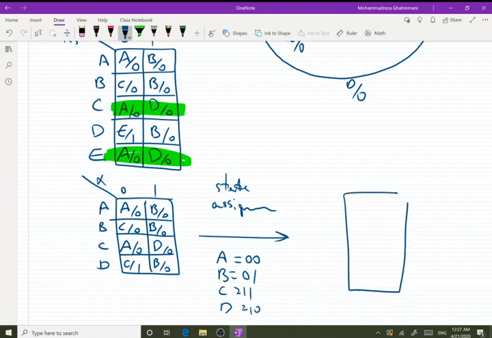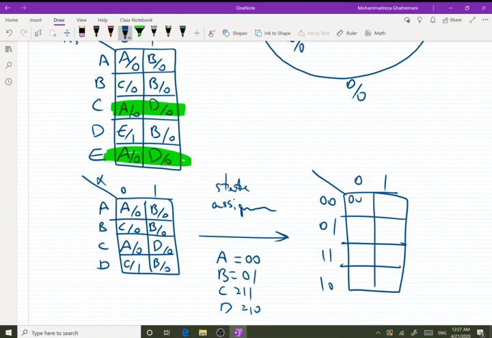So the state table will be in this form: 0 0 0 1 1 1 1 0 0 0 0, 0 1 0 1 1 0 0 1 0, 0 0 0 1 0 0 1 1 1 0 1 0.